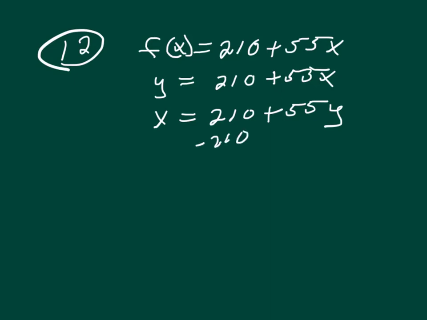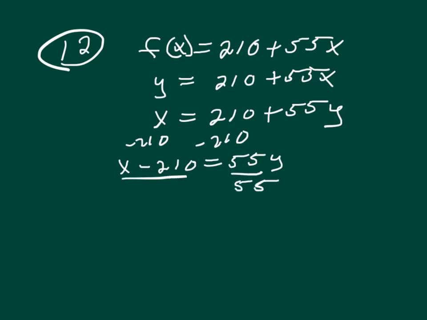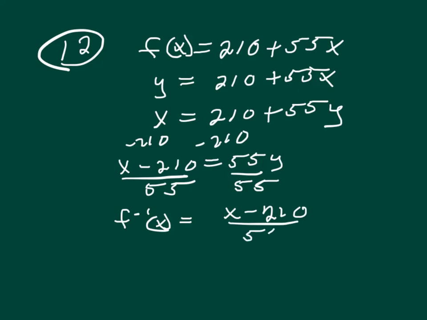So I'm going to subtract 210 from both sides, giving us x minus 210 equals 55y. Divide everything on both sides by 55, and I'm going to skip a step and go f inverse of x is equal to x minus 210 all over 55.